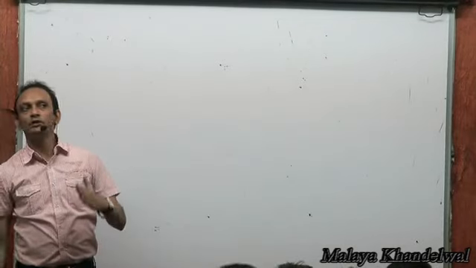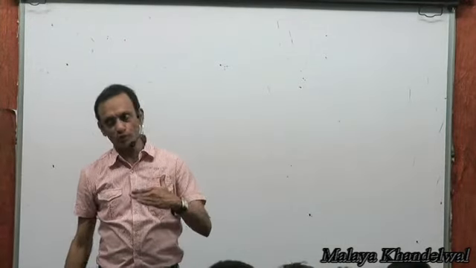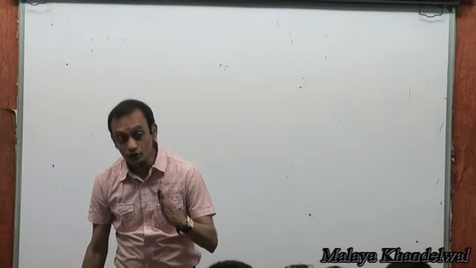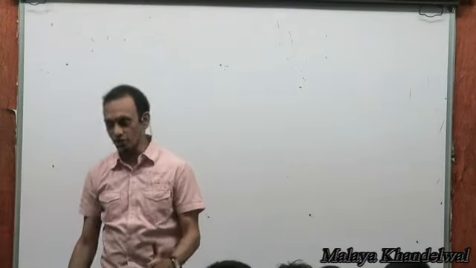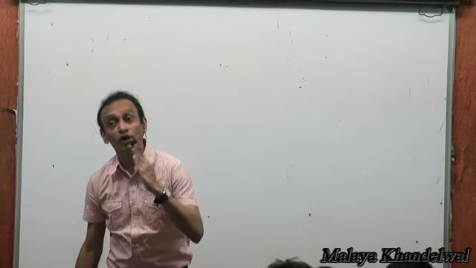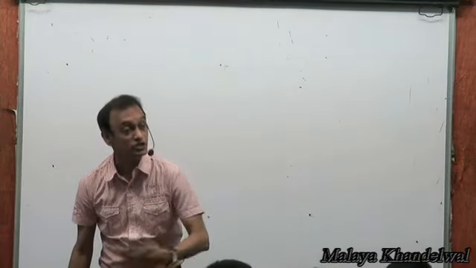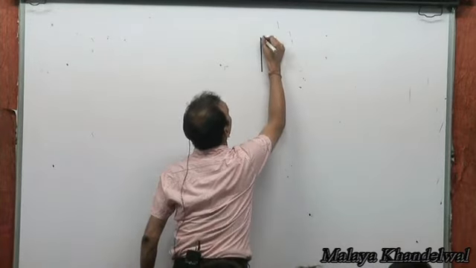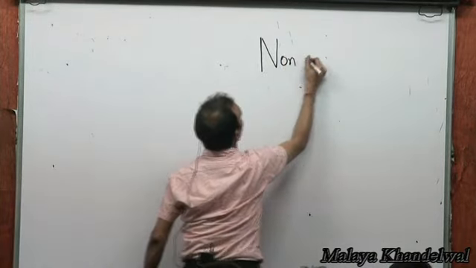Now, let me look at non-uniform circular motion. That means non-uniform circular motion is one in which omega is changing with time. That means there is a case for angular acceleration alpha, which is the rate of change of omega with time, isn't it?